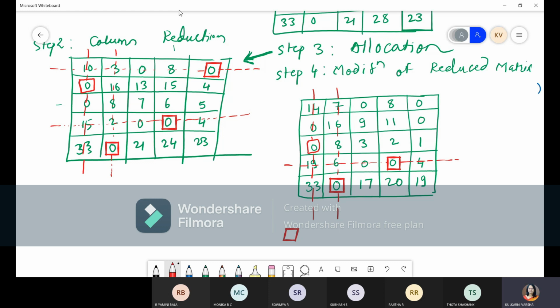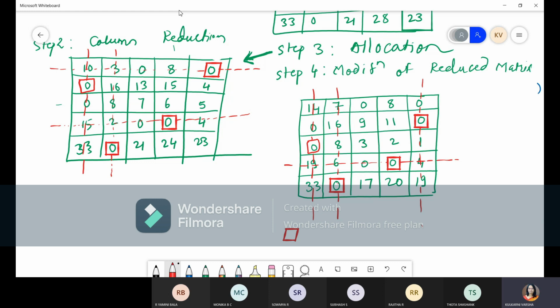Now go for the first row, there are two zeros, leave the row. Second row, there is only a single zero, allocate it. If you are allocating, then cancel the column. Then go for the third row, there is no zero. Fourth row, cancelled.